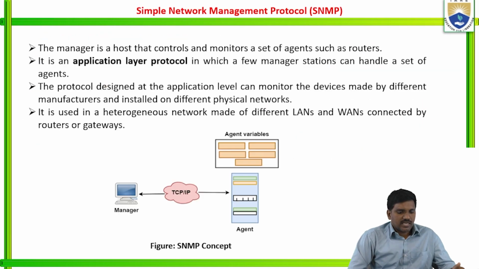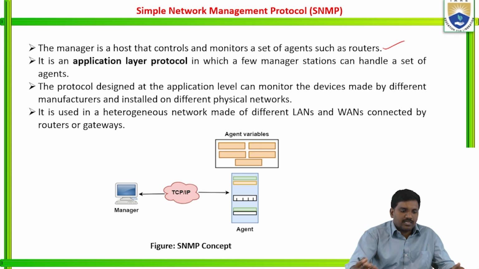So this is the block diagram with explanation. So here, what is the SNMP concept? In SNMP, the manager is a host that controls and monitors a set of agents such as routers. It is an application layer protocol. SNMP is which type of layer protocol?